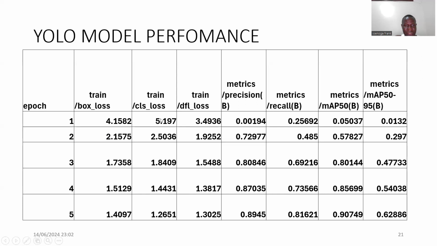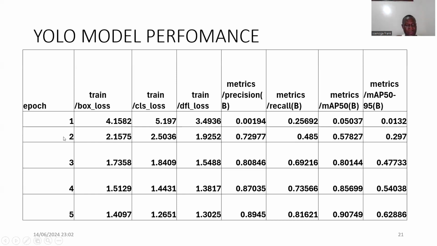The training classification loss is also decreasing. But the precision increased up to 0.89. Even the recall increased, and even the mean average precision at 50% also increased. So this is the performance of YOLO.